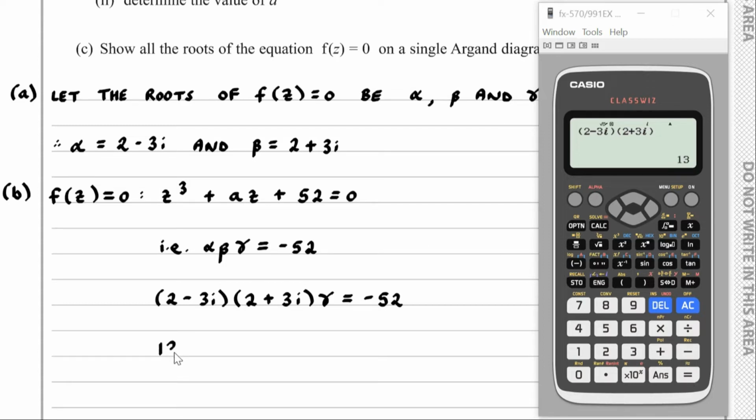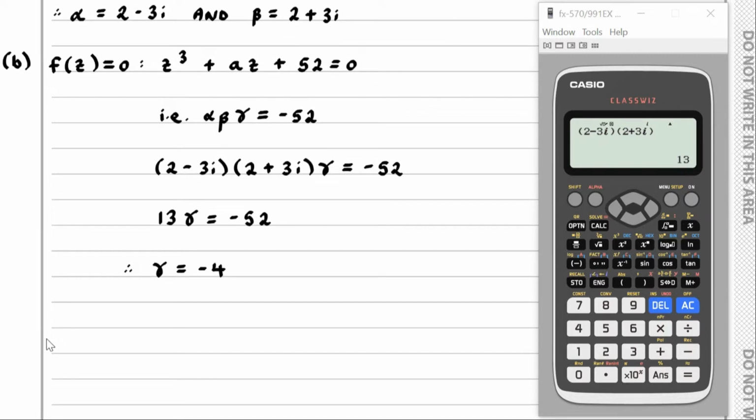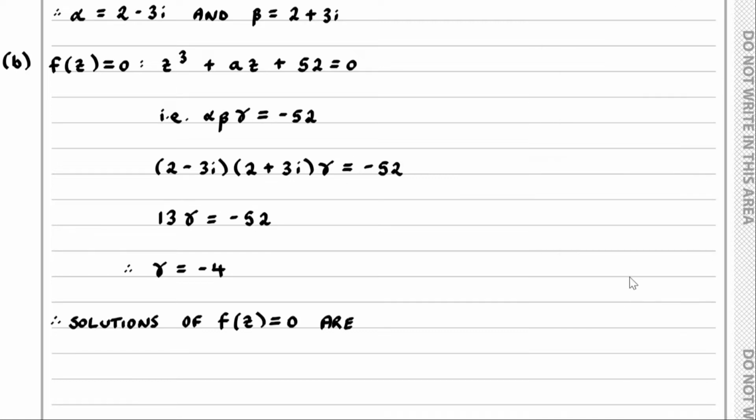So we have 13 gamma equals negative 52, from which we can conclude gamma is equal to negative 4. And so the solutions of f of z equals 0 are z equals 2 plus 3i, 2 minus 3i, and minus 4.